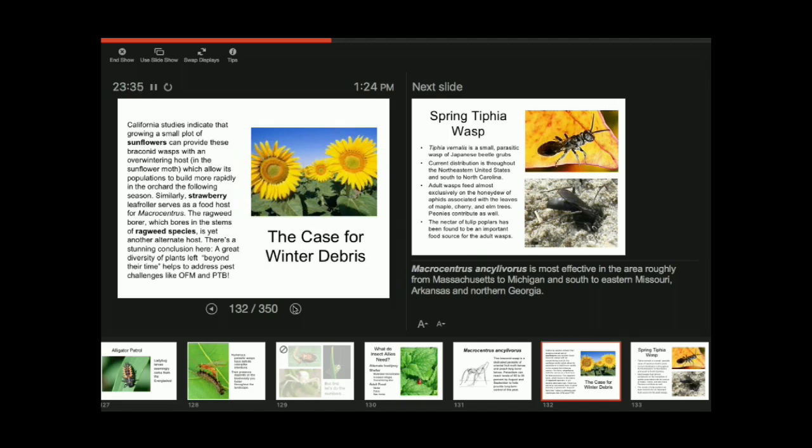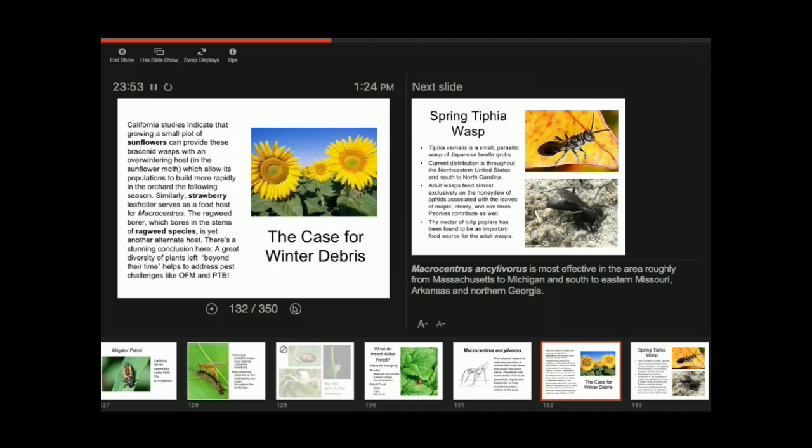Then, if in the orchard ecosystem you're growing sunflowers, the sunflower moth will be a pest that you won't be aware of, and that larva becomes a food source for yet another generation of Macrocentrus to carry it closer to winter.